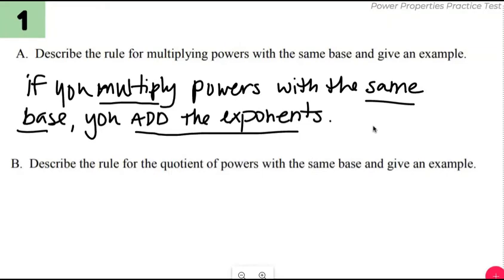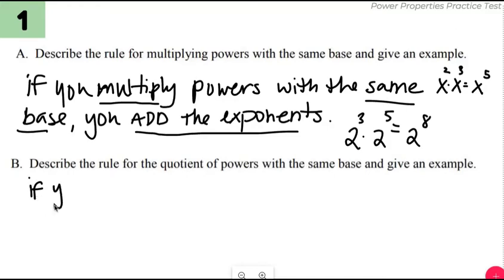Now, as for the example, you can use algebra, you can use variables, you can use numbers. You could have 2 to the third times 2 to the fifth equals 2 to the eighth, or x to the second times x to the third equals x to the fifth. Okay, either way is okay. So for B, describing the rule for quotient, same type thing, except now we're dividing.